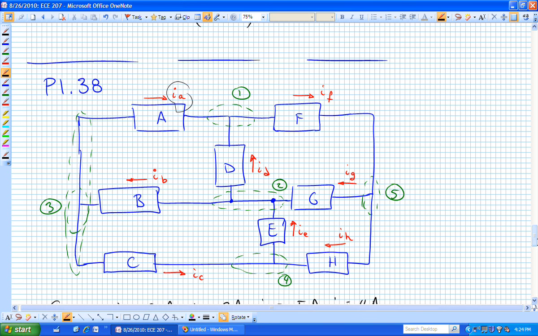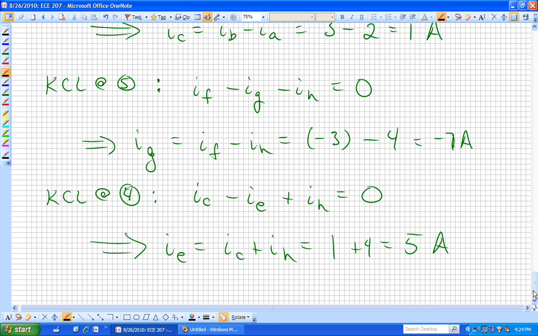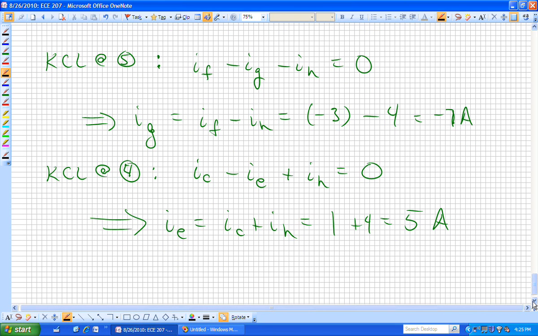What we've learned is that we didn't need to write KCL at all 5 nodes, just 4 of the nodes. And so we didn't have to worry about node 2. Therefore, KCL at node 2 is redundant.